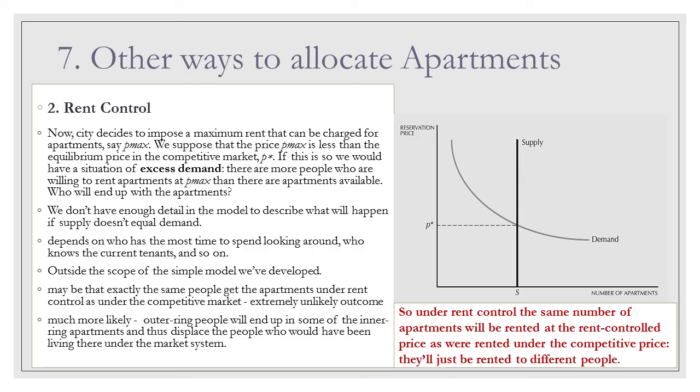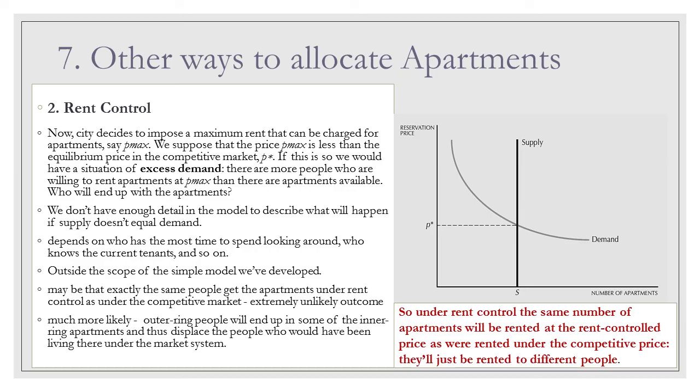Now again the question arises, what is much more likely then? What is more likely is that the people who were staying in the outer ring might end up in some of the inner ring apartments, and thus they can displace the people who would have been living there under the market system, that is, in the competitive market.